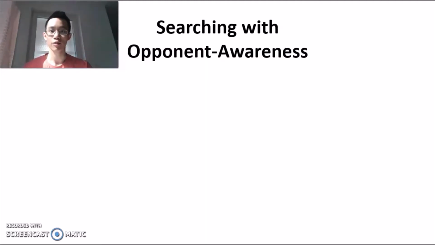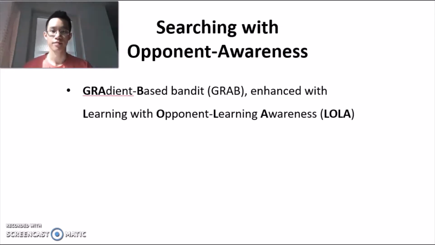So now I will present the main idea behind searching with opponent awareness. First, I develop a gradient-based bandit, or grab bandit, which is enhanced with learning with opponent learning awareness, or LOLA.